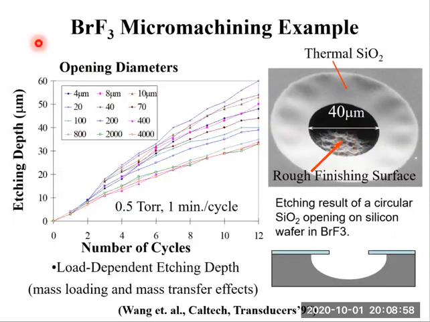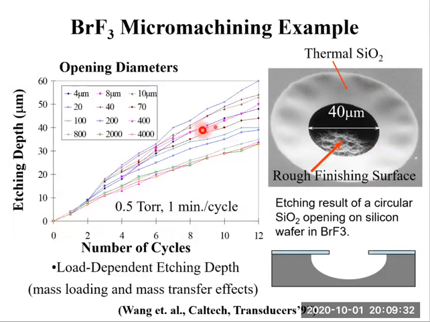But in addition, we can observe this big lateral undercut. This is a cross-sectional view. Bromine trifluoride etching is isotropic, so it creates very large lateral undercut, and we can clearly observe it in this SEM image.